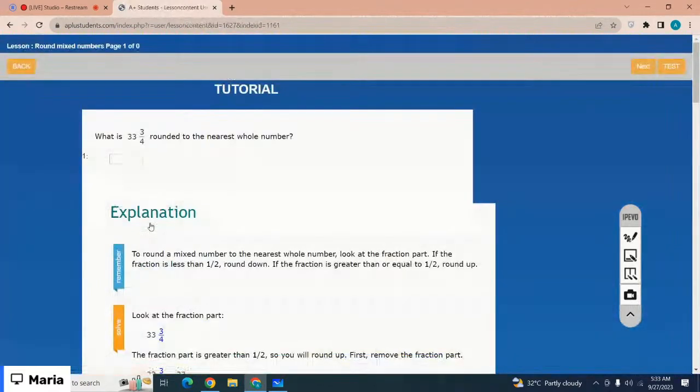Round mixed numbers. Okay, 33 whole, LCD, least common denominator. No, LCM. Yes, they both are exactly the same terms, right?